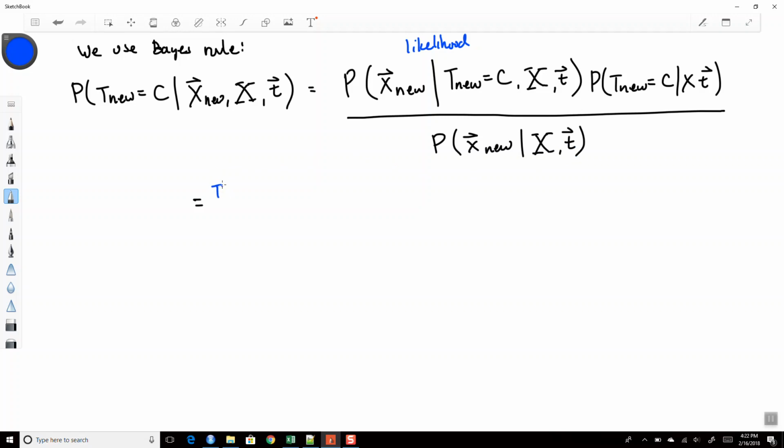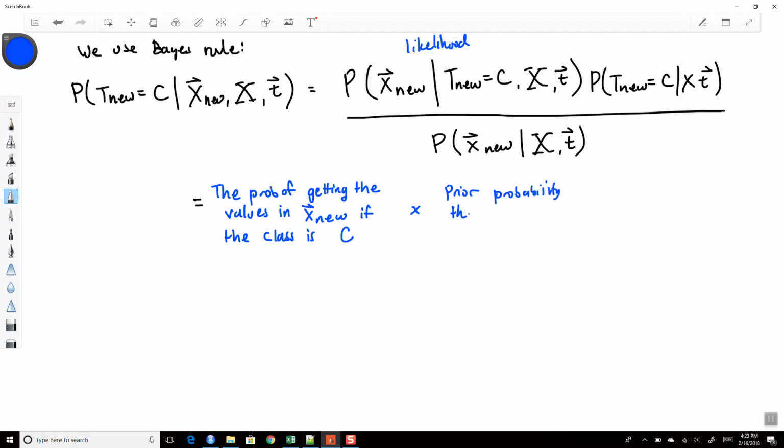This is the probability of getting the values in x new if the classification were class C. So what is the probability of getting the values in x new if the class is class C, multiplied by the prior probability that a random observation belongs to class C.